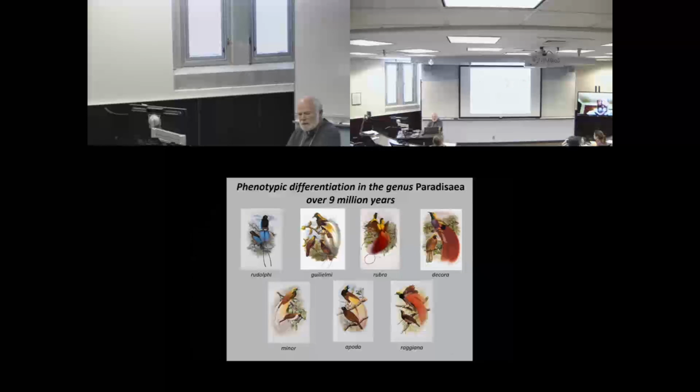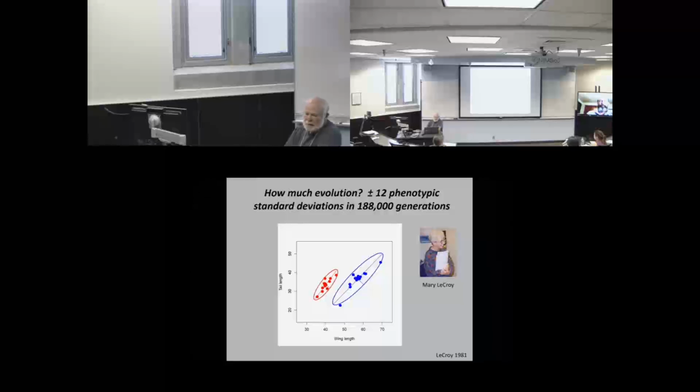So that's the radiation we're going to focus on, and it's because Mary LeCroy, working at the American Museum, collected data on just this genus, and she measured, among other things, tail length and wing length. And here's the actual data on the 14 populations that she measured of male bird of paradise.